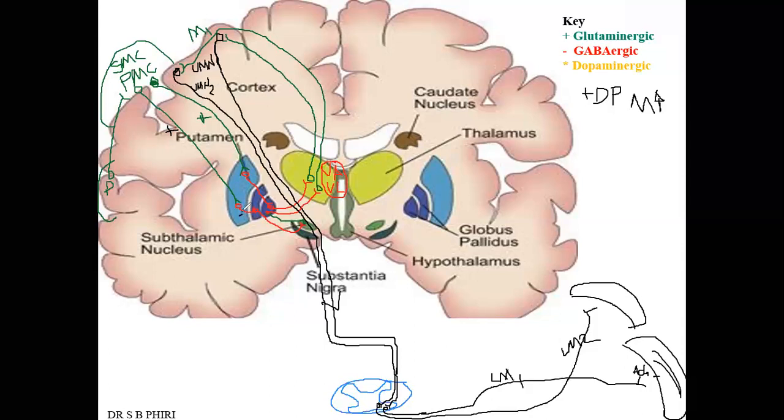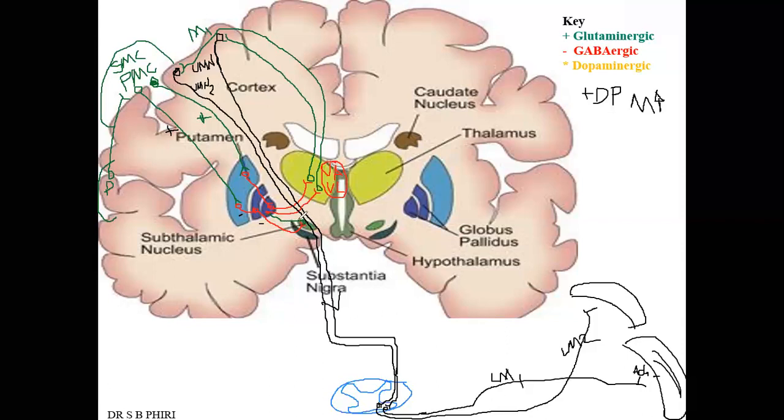And once the inhibitory neuron has been stimulated, it means it's going to inhibit the other inhibitory neuron. So it's inhibiting the inhibitor. So if it's inhibiting the inhibitor, at the subthalamic nucleus, there's going to be disinhibition, because this neuron that is supposed to inhibit this excitatory neuron has been inhibited.